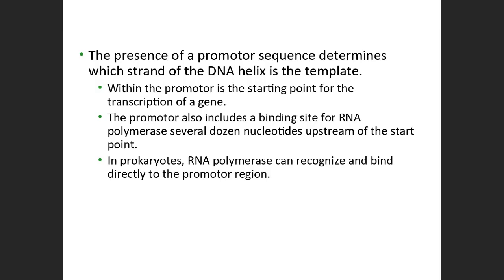Again, it's just some more detail about the promoter sequence. It's just where the RNA polymerase hops on and starts to transcribe. When it comes to prokaryotes, again, it works a little bit differently.